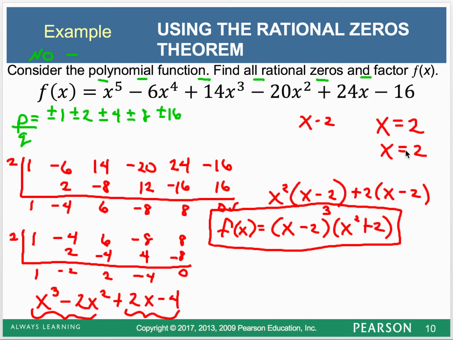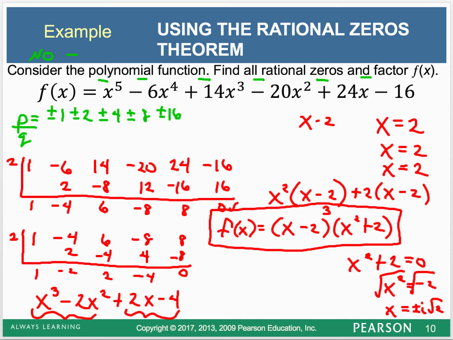All right, so here's 3 of my zeros, and my other 2 are right here. So I need to figure out what that looks like as a 0. Let's set it equal to 0. And then subtract the 2 from both sides, square root, so x is plus or minus i square root of 2.